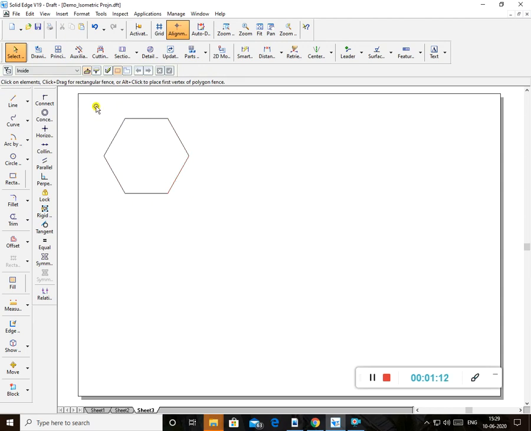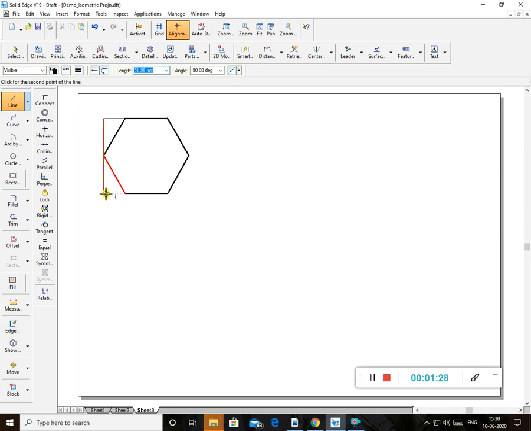Now I'll inscribe this hexagon in a box. So I draw a line here and inscribe it in the box like this.